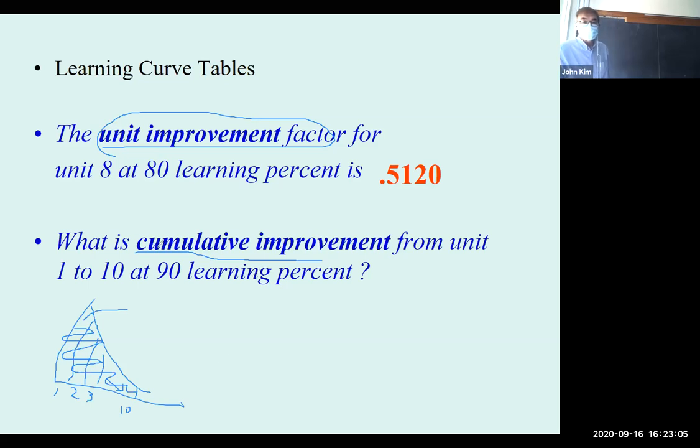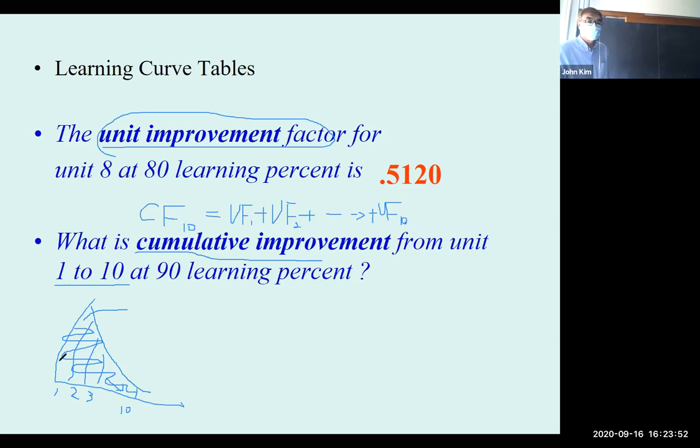So the cumulative factor is like this. From 1 to 10, CF 10, that means from 1 to 10, equals unit factor 1 plus unit factor 2 plus 3, 4, 5, 6 up to unit factor 10.